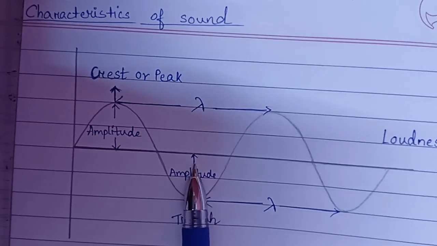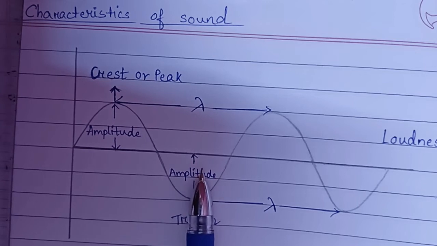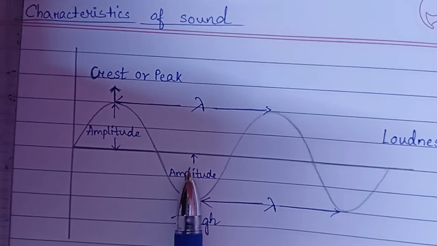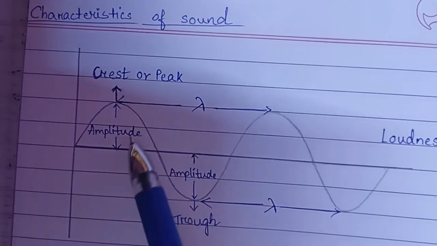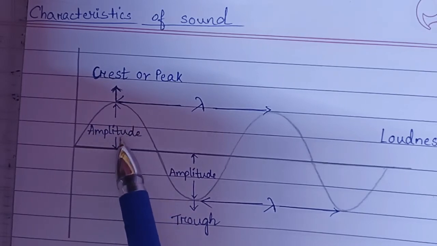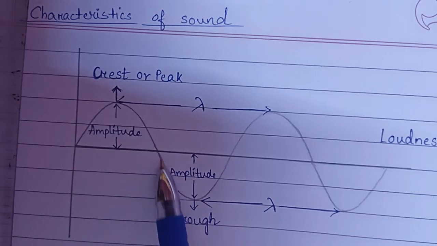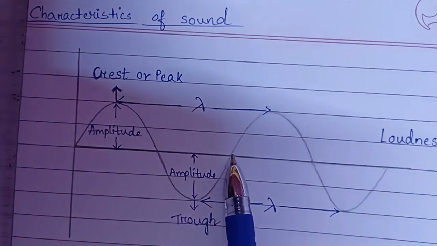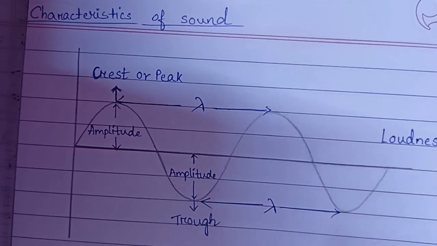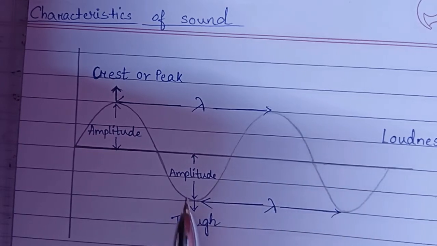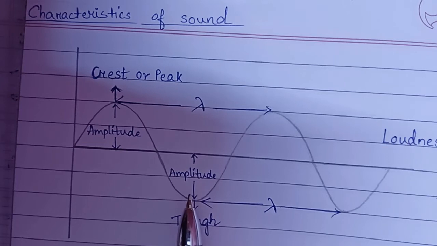So when amplitude is larger, loudness of sound will also become larger. Suppose you have another sound wave whose amplitude is larger than this amplitude, then you will know that the loudness of that wave will also be larger.